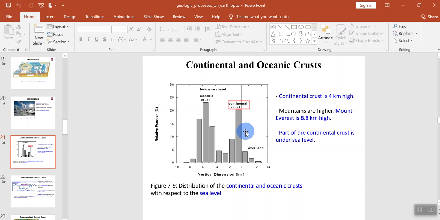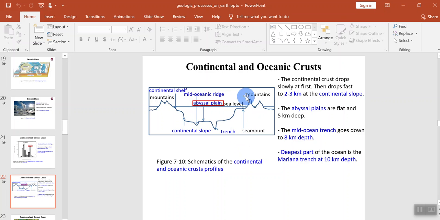But during glaciation periods, the level goes down and it's different. Well, we said that continental crust is 4 kilometers high. We said mountains are higher. Like Mount Everest, highest mountain on Earth, 8.8 kilometers. Part of the continental crust is under sea level.